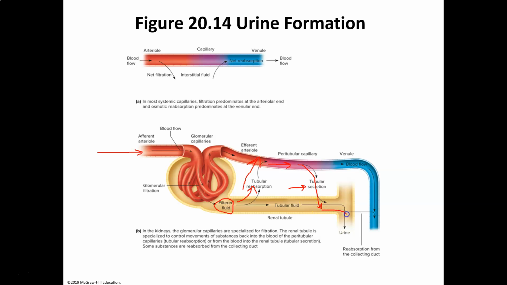The stuff you don't want ends up in urine, right? You're making urine. The stuff you do want ends up in venous blood flow, and it gets sent back through the renal veins out to the rest of the body. That's the process through the kidney.